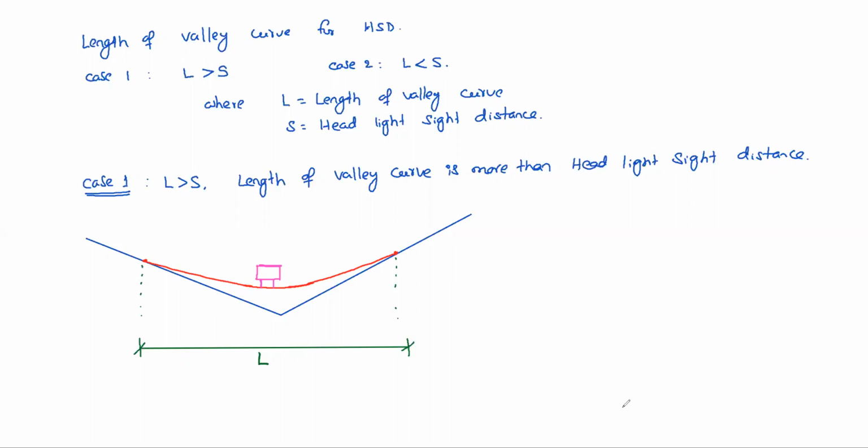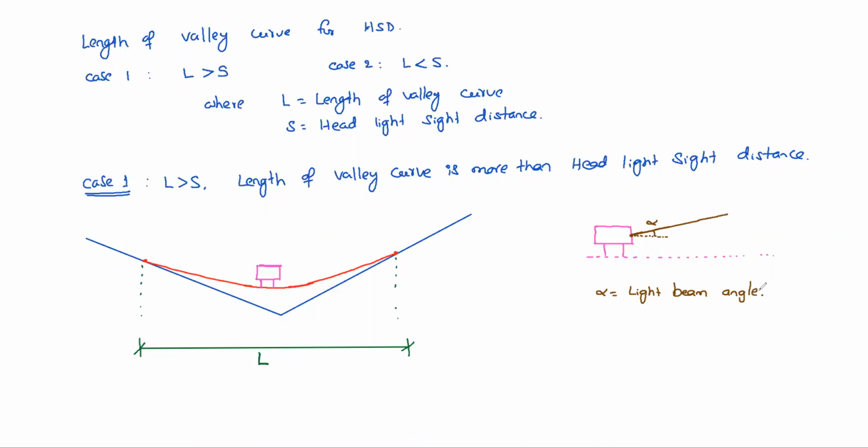The headlight side distance depends on one more thing. When the vehicle is traveling somewhere here, up to what distance the headlight will work depends on this. Headlight height is important, where the headlight is, and what angle it is making. An upward angle will be there generally like this. This angle is alpha, where alpha is the light beam angle.